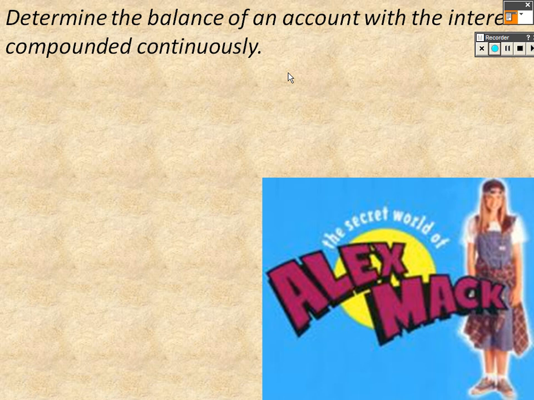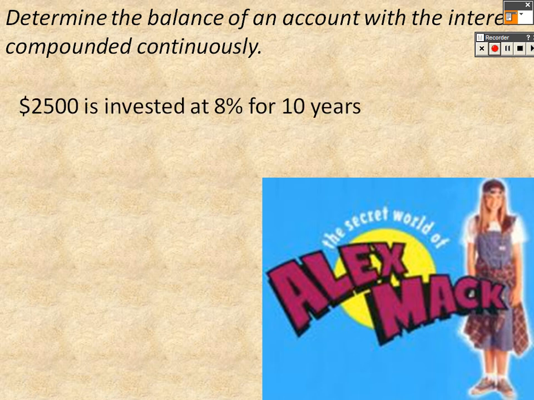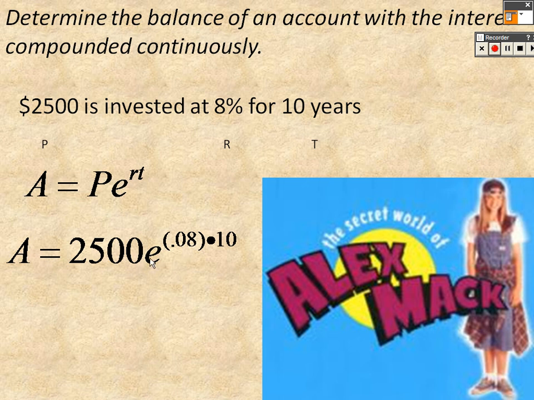Determine the balance of an account with the interest compounded continuously. Continuously is Pe to the rt, so that's your rate, that's your time, that's how much you're putting in. So that's P, that's R, and that's T. The e button, remember, is second ln when you go to plug this all in, and you get 5,563.85.